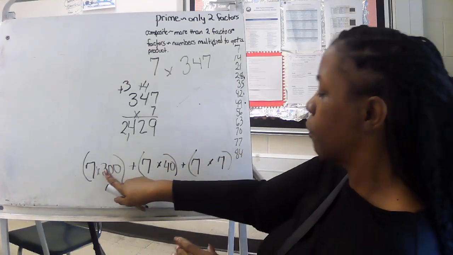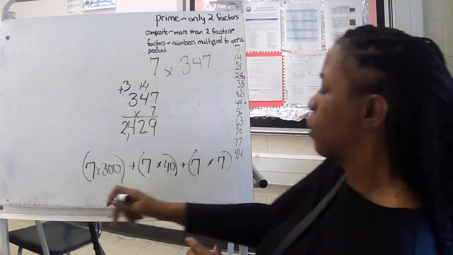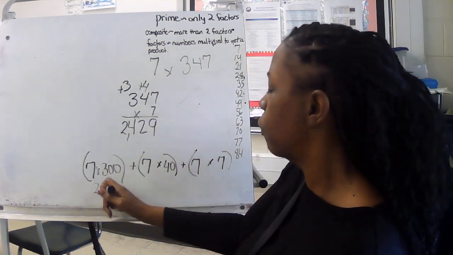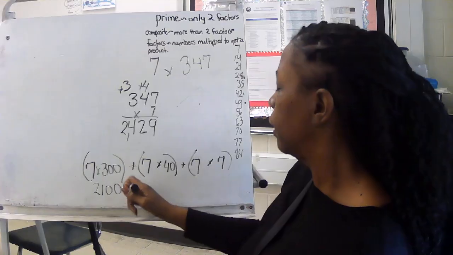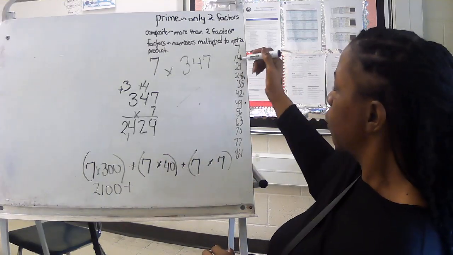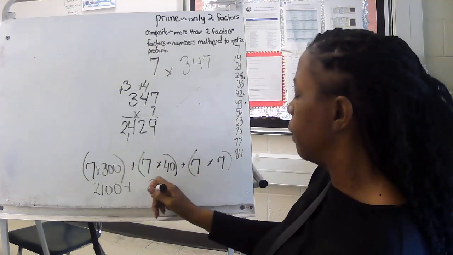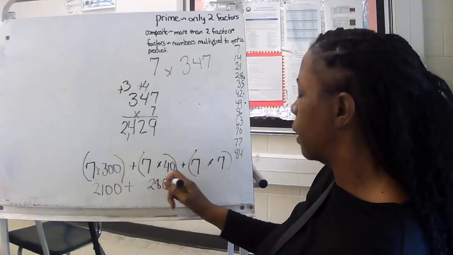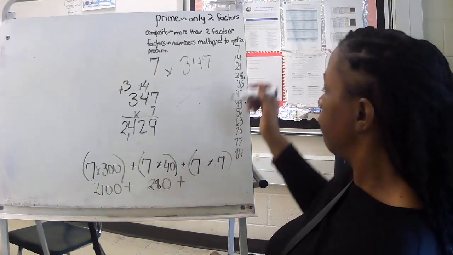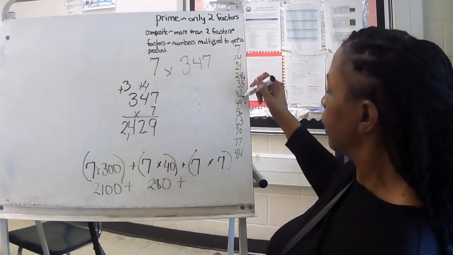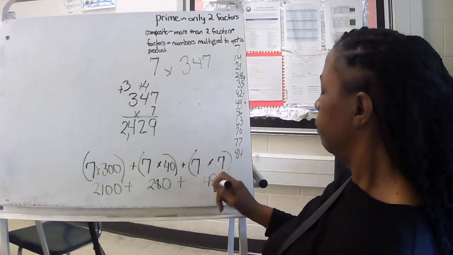Now, 7 times 3, 1, 2, 3, that's 21. How many zeros? 2 of them. Plus 7 times 4, 1, 2, 3, 4, that's 28. How many zeros? That 1 zero drops down. Plus 7 times 7, 1, 2, 3, 4, 5, 6, 7, that's 49.